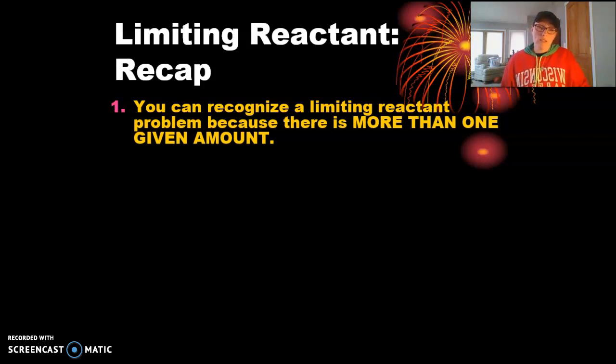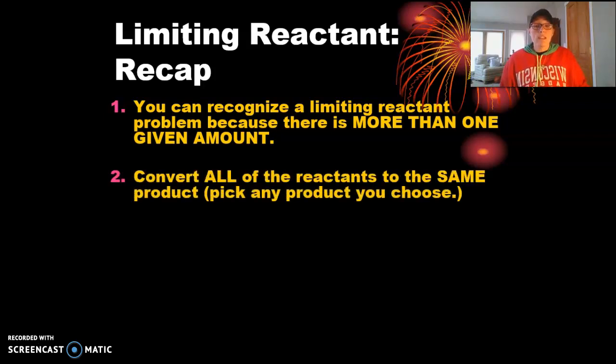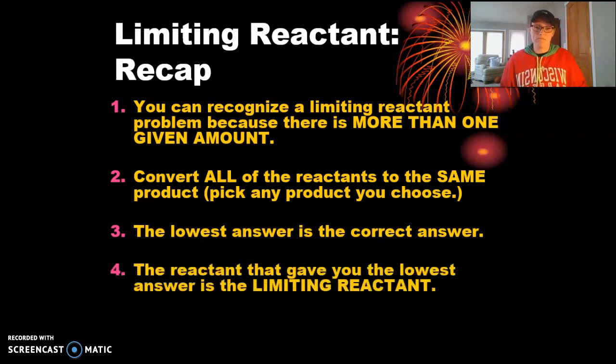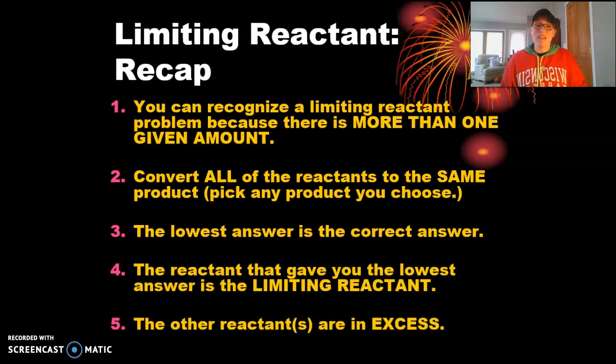Irrelevant of how much there is of the other one, you assume you have plenty. Then you need to convert all of them to the same product. Pick whichever you choose. Compare the answers you get. Whichever has the lowest answer is the correct answer, and that substance is the limiting reactant. Anything else in the problem is excess.